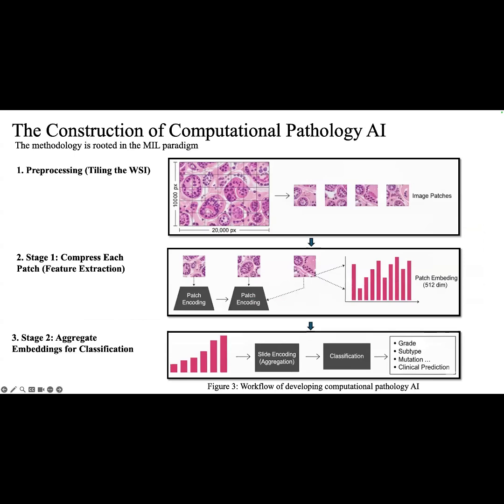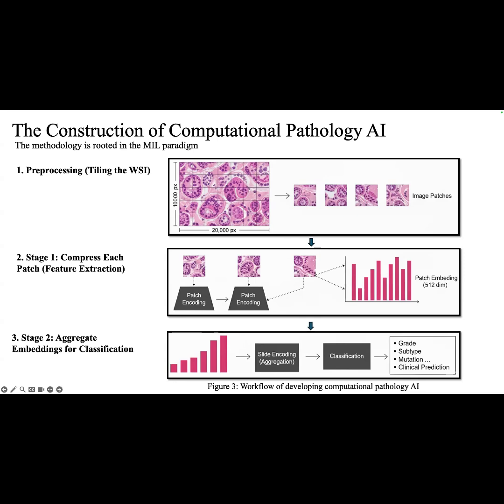So how do we actually build AI for these huge images? We use a three-step approach. So first we create patches of this huge whole slide image. So typically 2 to 4 by 2 to 4. In step 2, we use AI to extract the key features from each patch.